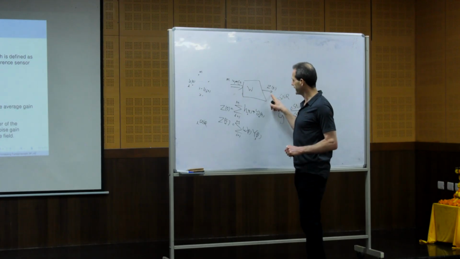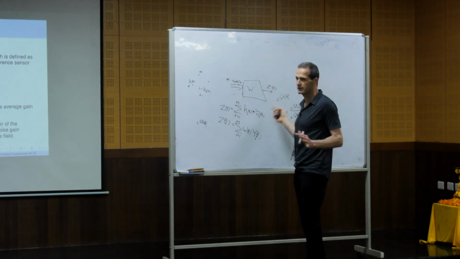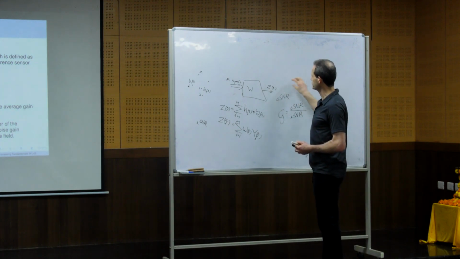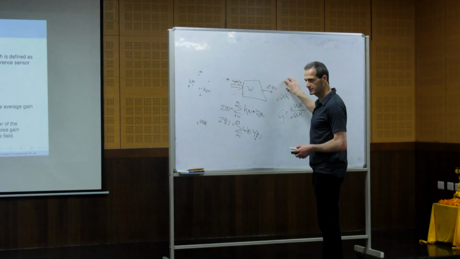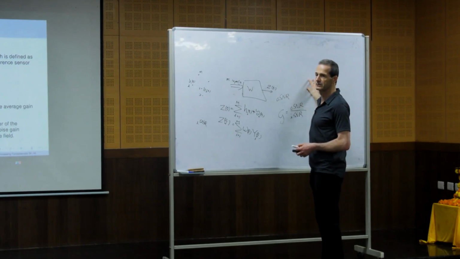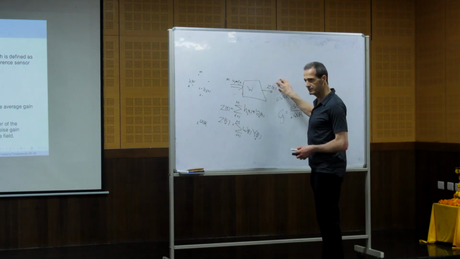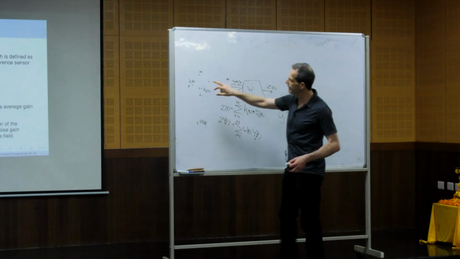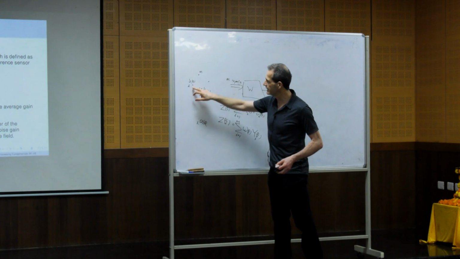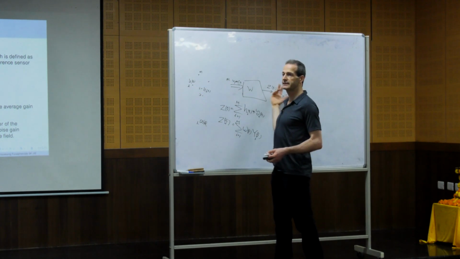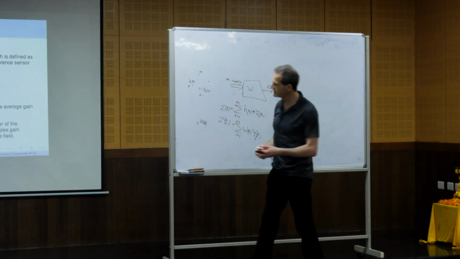So here we get some output SNR. We can write the output as a summation of two components, one desired, one undesired. The power of the desired compared to the power of the desired in one of the sensors has some ratio. This is the gain of the desired.